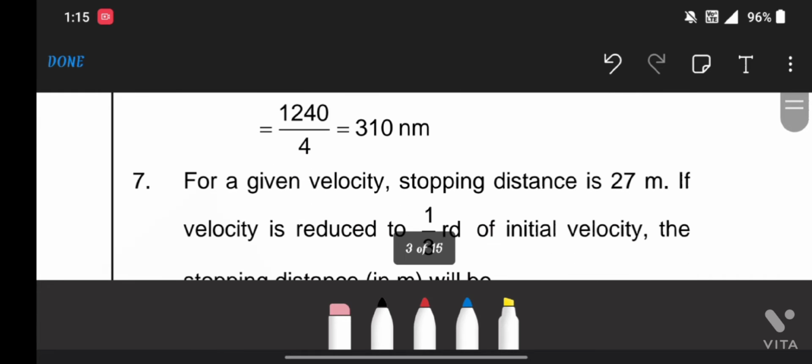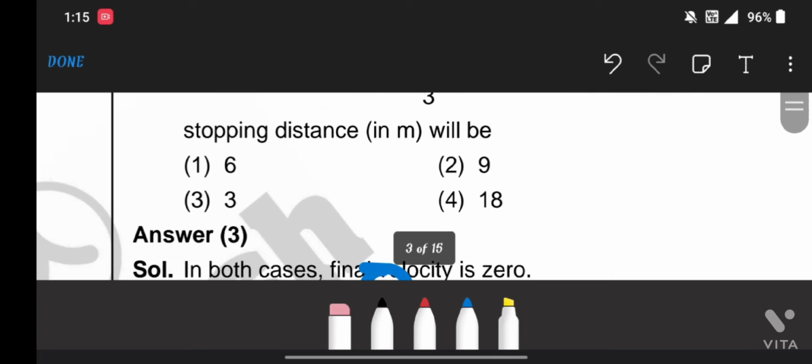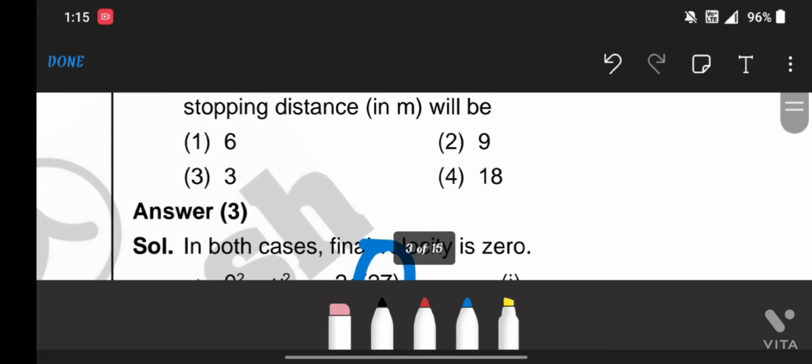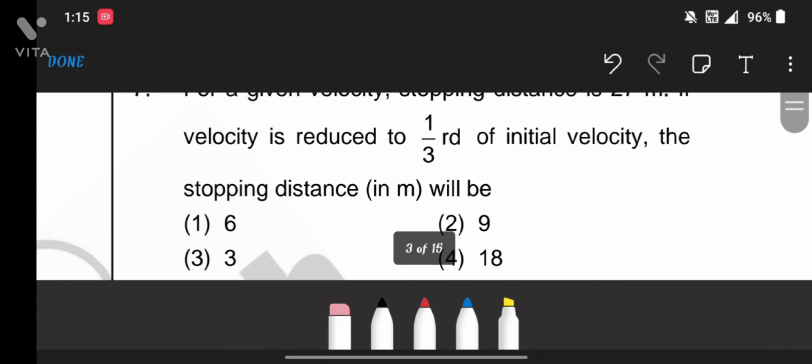Now this one we have to find, because they have given only 1 by third of the initial velocity, but they have asked us to find the distance. Now let us solve.